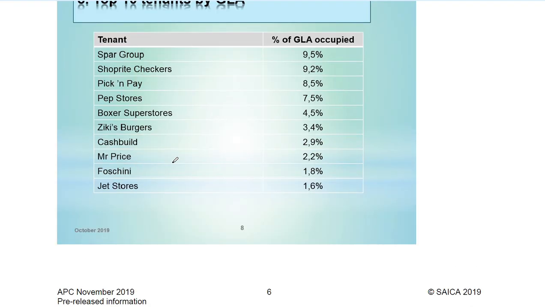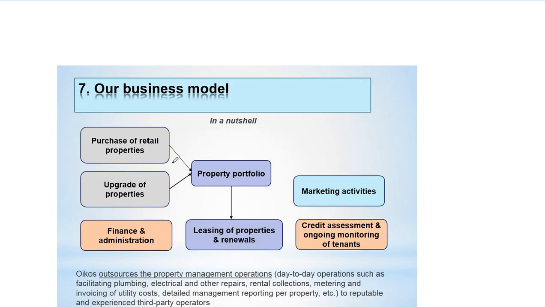And then when you move down to number 7, it gives us the business model. Already you know that they are in the property market. So we are given the property portfolio in a nutshell, and we're told that there's leasing of property and renewal. When you see leasing and renewal, that is the main business operation of the company.